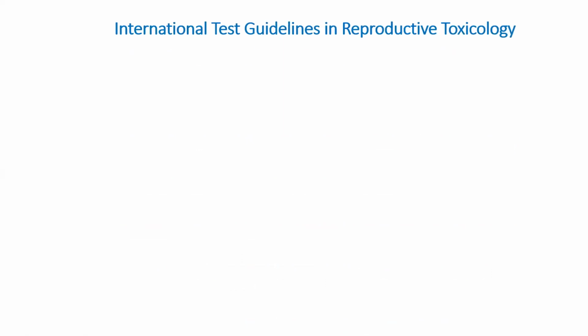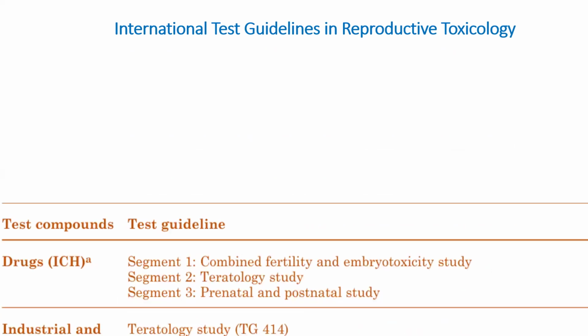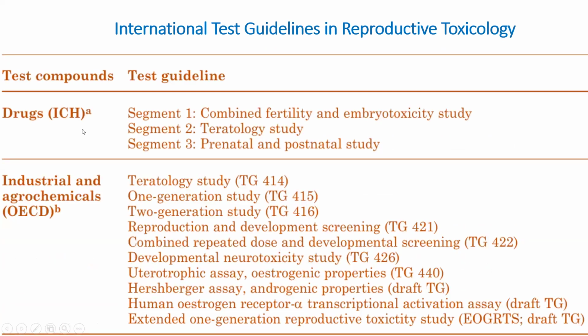Next, there are certain guidelines for studying reproductive toxicity. ICH guidelines are used for the segment studies, like segment 1, segment 2 and segment 3. This is for drugs. Apart from that, OECD guidelines are for industrial and organic chemicals.